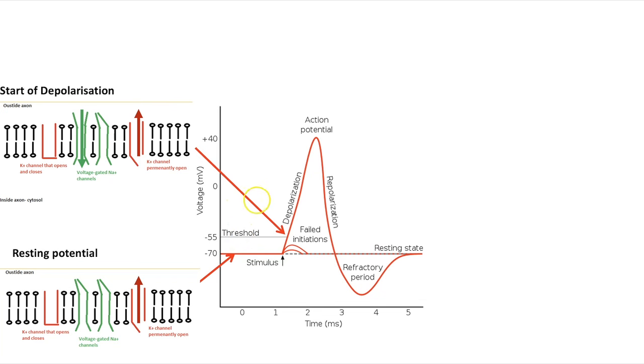Now, if you have a large enough stimulus, that will cause enough sodium ion channels to open to reach the minus 55 millivolt threshold. If it's only a small stimulus, that won't cause enough of those voltage-gated sodium ion channels to open, so you won't get an increase in the voltage to the threshold of minus 55 millivolts, and therefore you wouldn't respond to the stimulus.